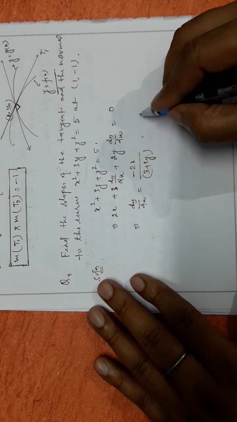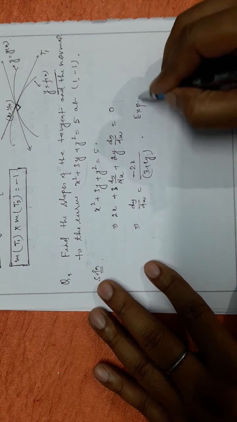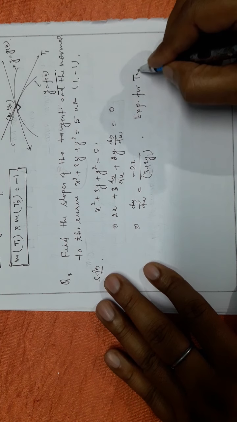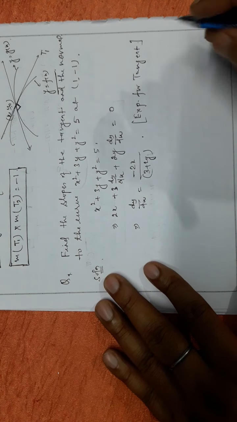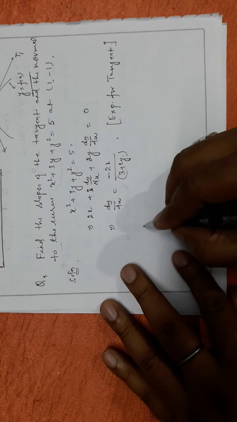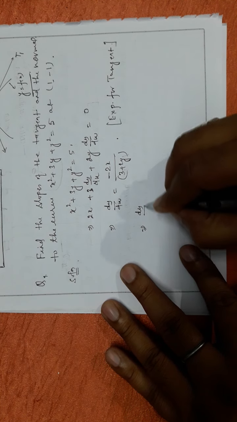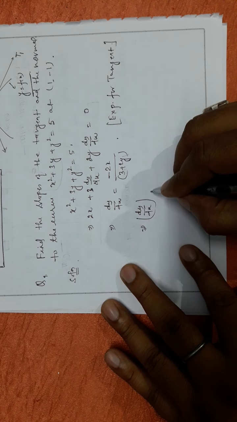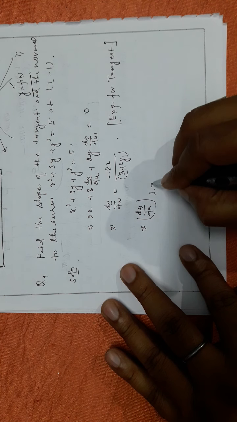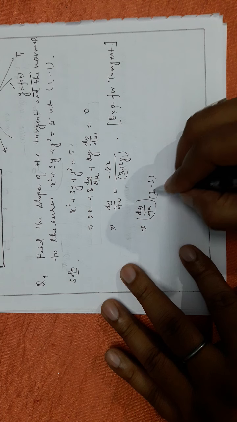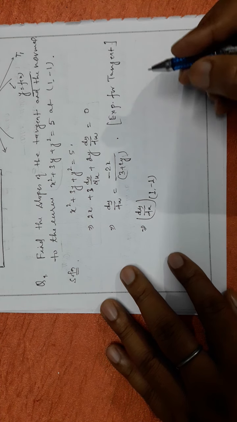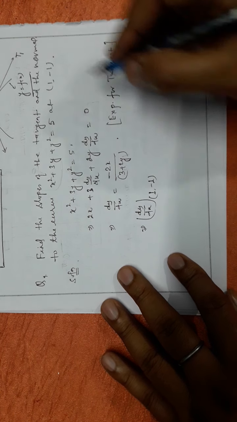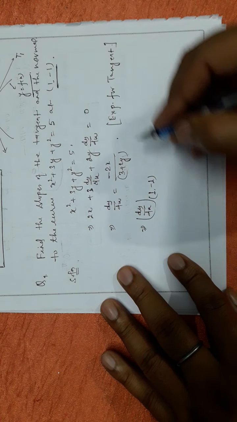This is the expression for the tangent slope. It is not the value of the slope at the given point. For that we have to substitute x equal to 1 and y equal to -1, because it is given in our question to find the slope of tangent at point (1, -1).